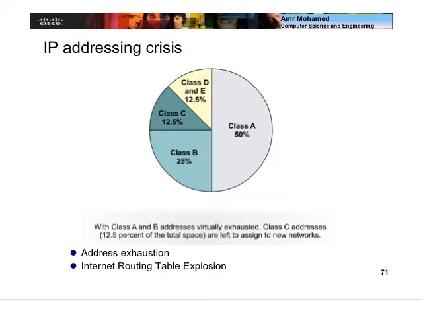RIP by default works classful, and it assumes all the addresses are without a subnet mask. So this is the default mode because it doesn't know anything else.